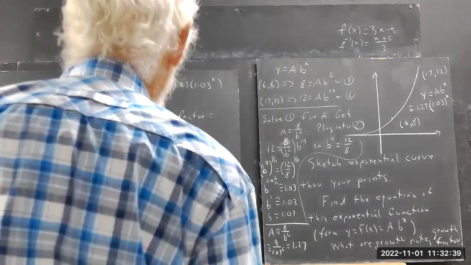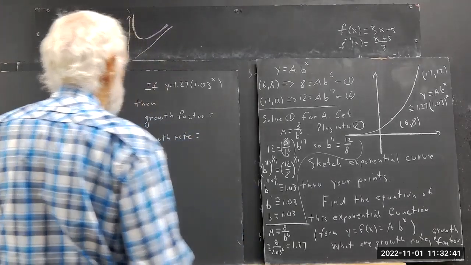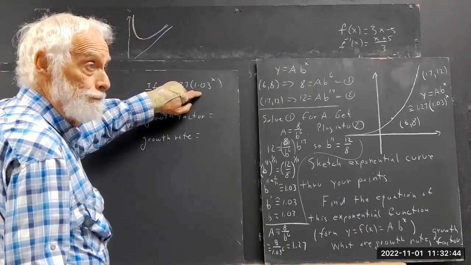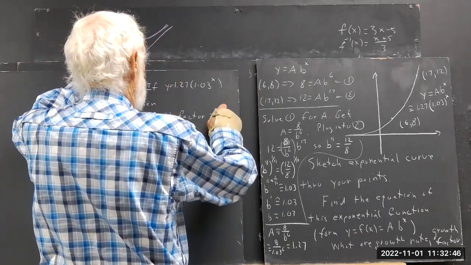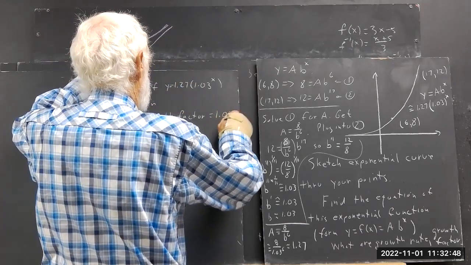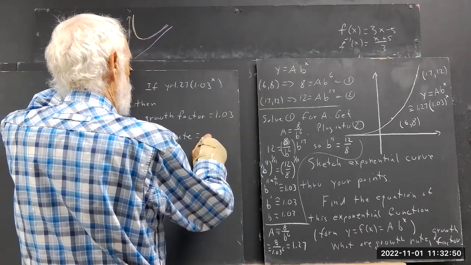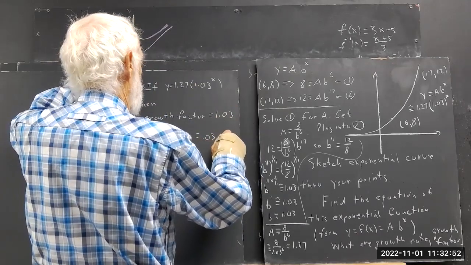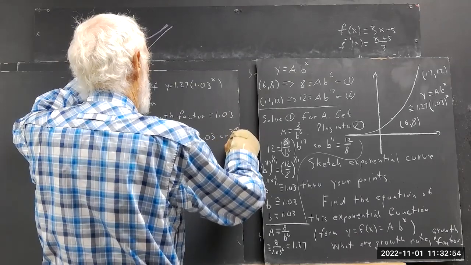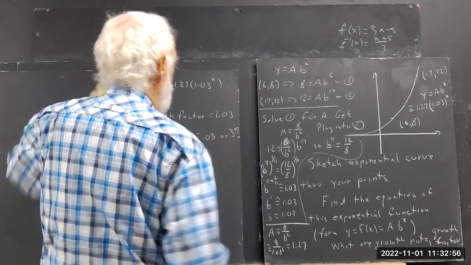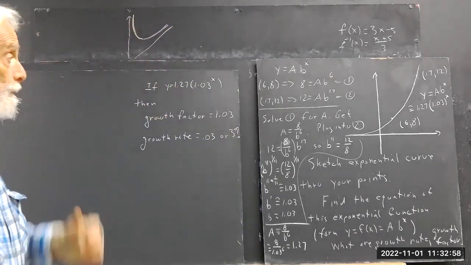Okay, now the growth factor is just your base. It's 1.03. Growth rate is the 0.03 or 3%.